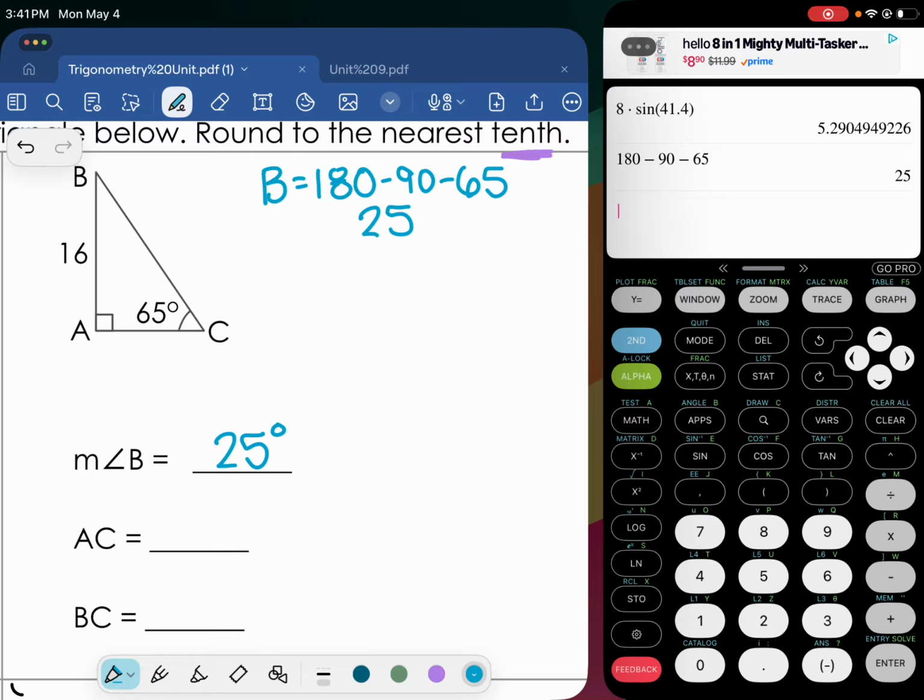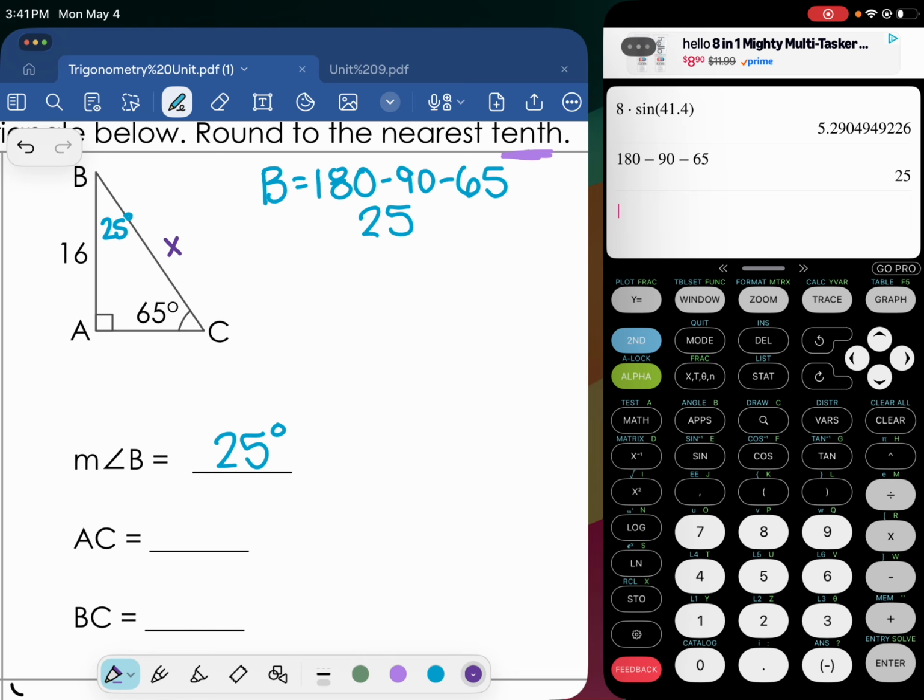Now technically that's an angle measure, so we want to go ahead and write the degrees on it. So if you know one of the angles, you don't have to use trig to find the other one, you just subtract from 180. Now I need to find the other side lengths. Doesn't matter which one you find first. I'm going to go ahead and find this one first.